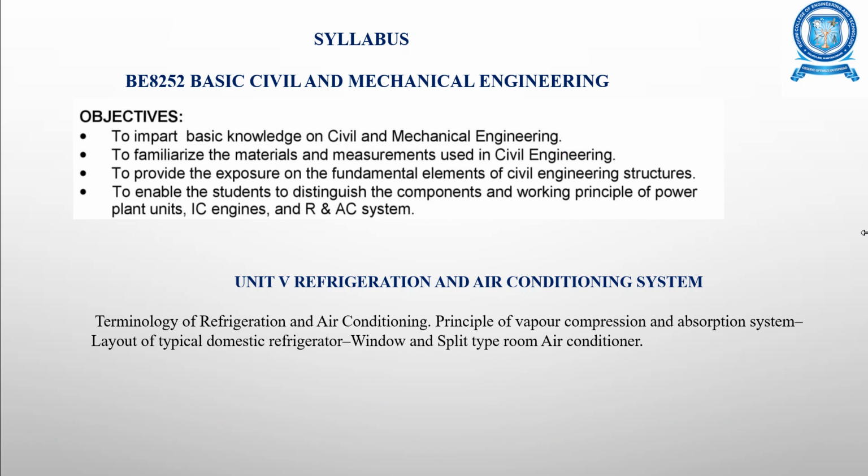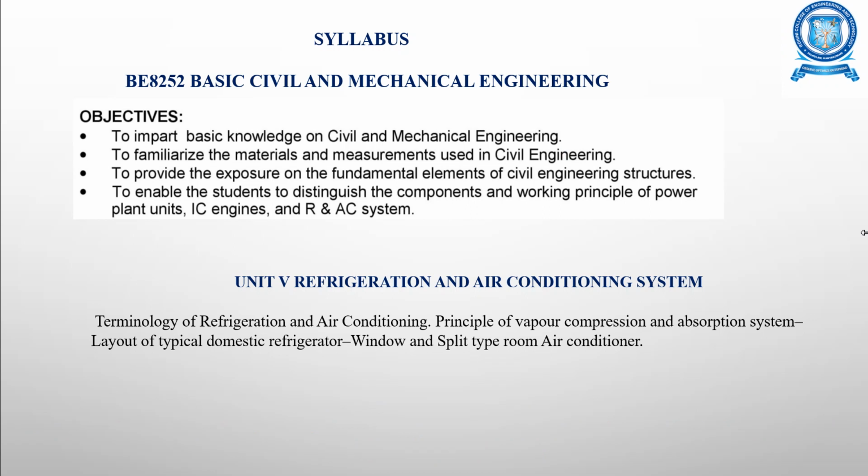The main objective for the student on studying this fifth unit is to enable the student to distinguish the components and the working principle of power plant units, IC engines, and refrigeration and air conditioning system.